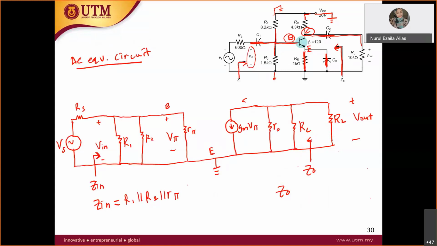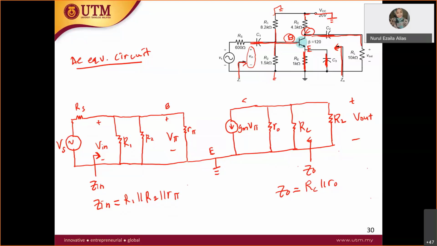What does Z out represent? RC parallel with R naught. Correct. So RC parallel with R naught. Thank you to the two students.